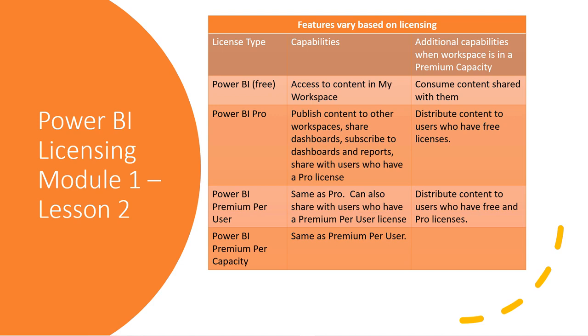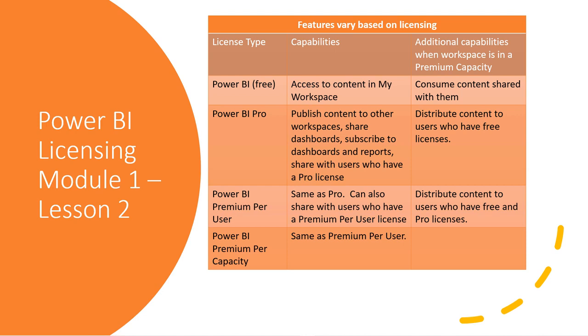Power BI Premium licensing has 2 variations. The per user variation, as of this recording, is about $20 a month. It can do all of the same things as the Power BI Pro license, but can also share with users who have a premium per user license.